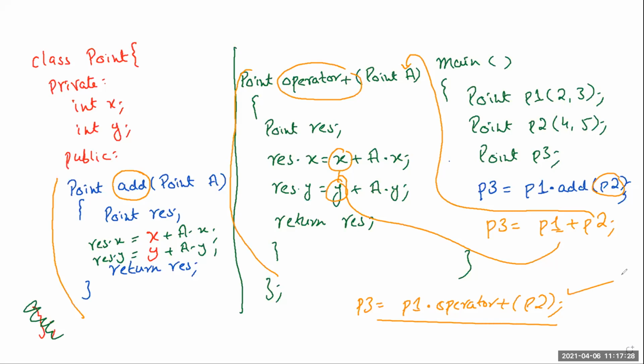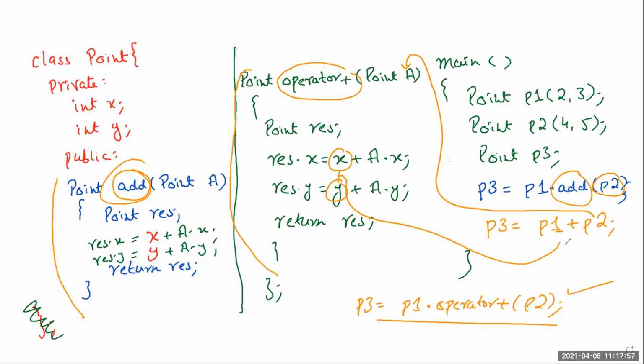But it does not make sense to do this, because then we could have kept the add function. There was no need of this. Although it is a legal statement in your program, if you want to simplify your program, there's no need of going into all this pain. We can simply use the add function, which was already there. So syntax wise this is okay, but practically no one will ever do that.